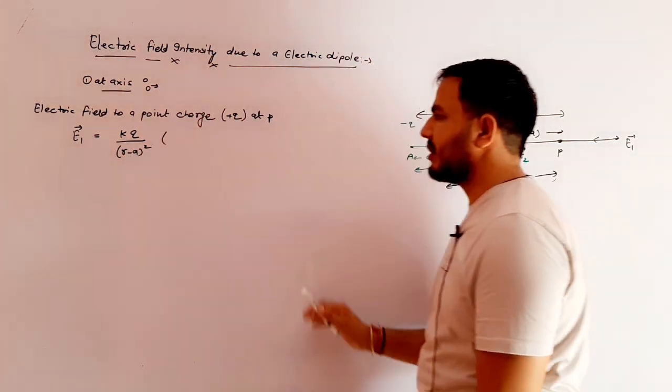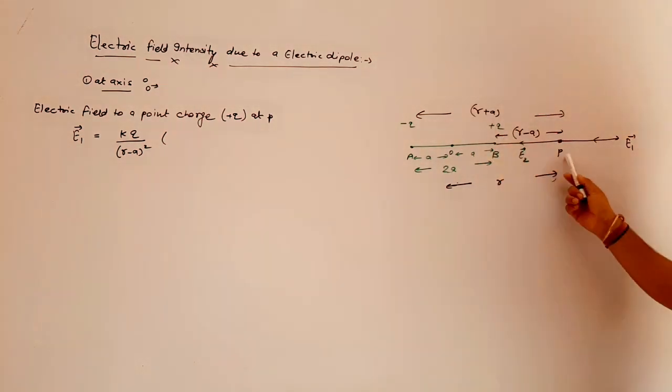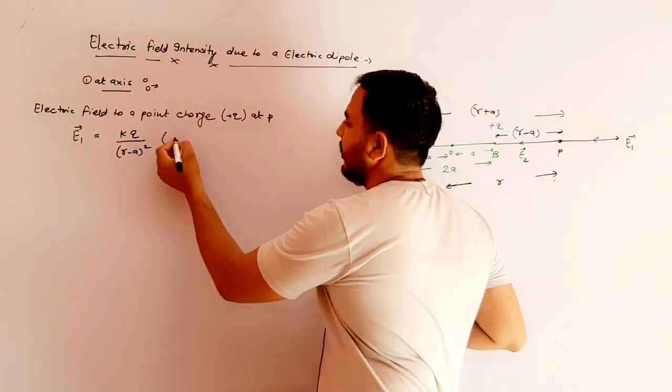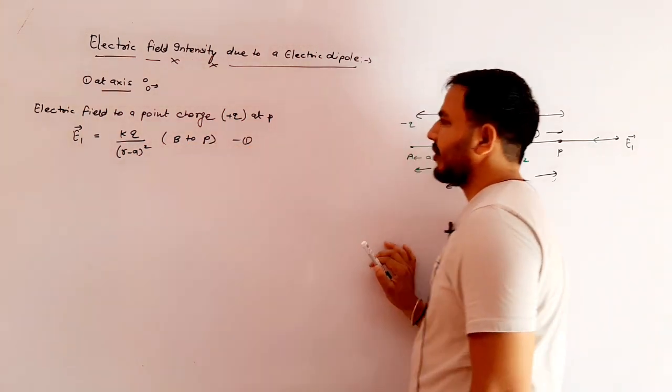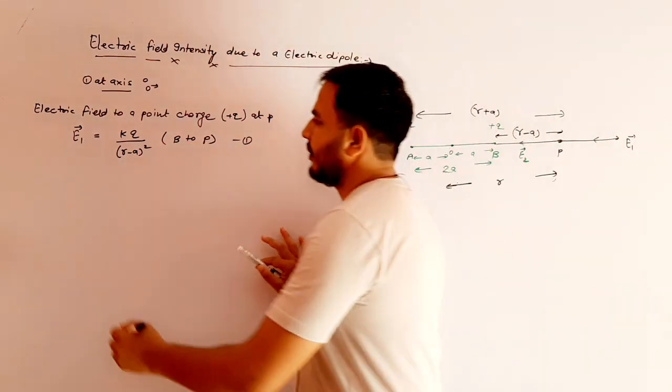Here the direction is B to P. This is the equation number first.